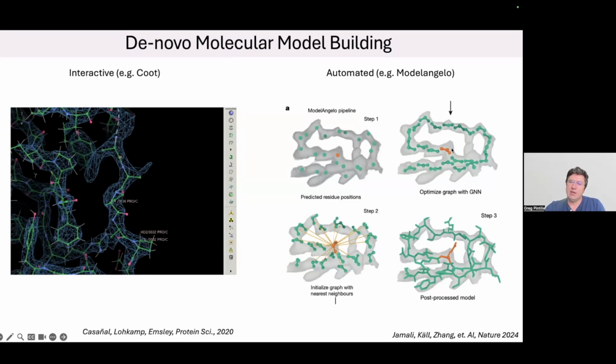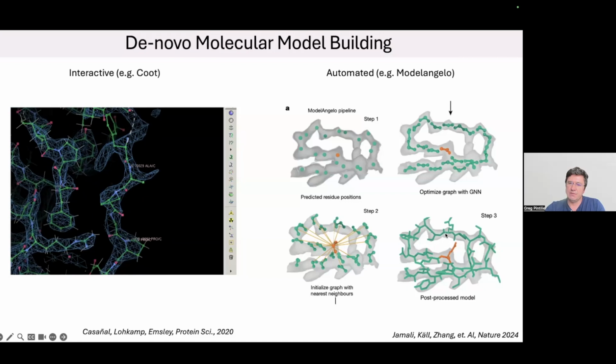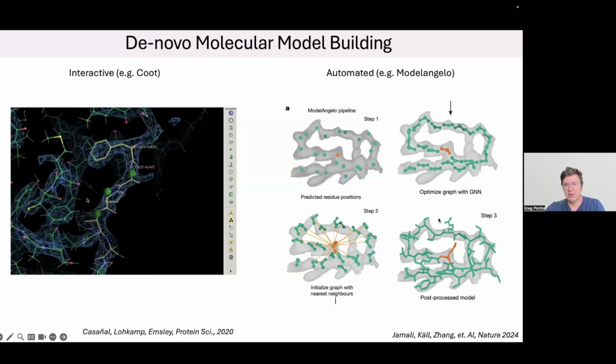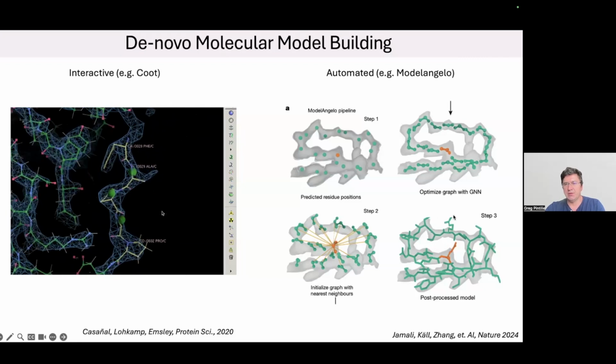And if you provide a sequence, they can also try to guess the exact position of each residue from that sequence in the map. It does quite well for maps that are high resolution, 2 to 3 angstroms. Lower than 3 angstroms, you get a more incomplete model.